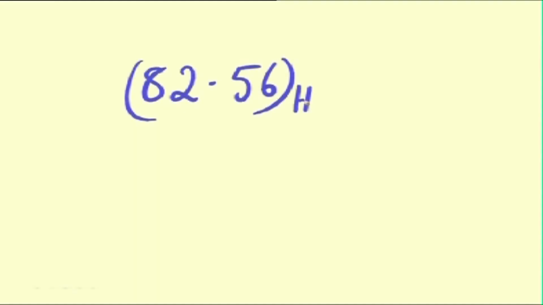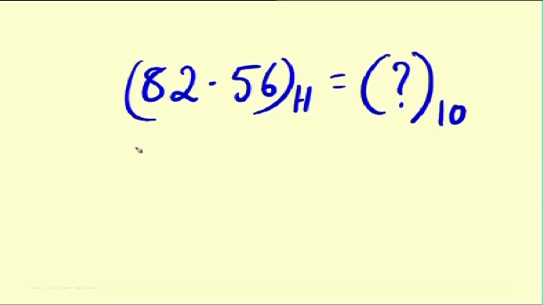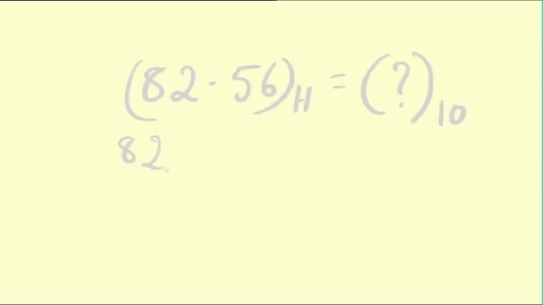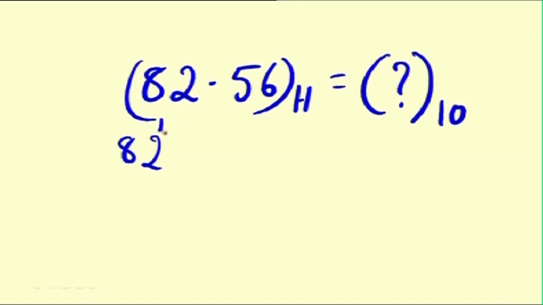So, let us take another example, and in this example we will take two numbers, we will take 82.56. Imagine this is a hexadecimal number, I want to convert it to a decimal number. First convert 82 to decimal, then convert the fractional part the same way like I did earlier. So, first take 82. What is the weight of 2? It is 16 power 0. What is the weight of 8?